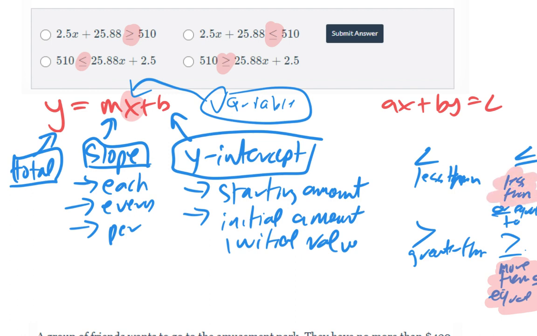Here are some keywords. The main keyword for greater than or equal to would be at least, or you might hear simply more than.